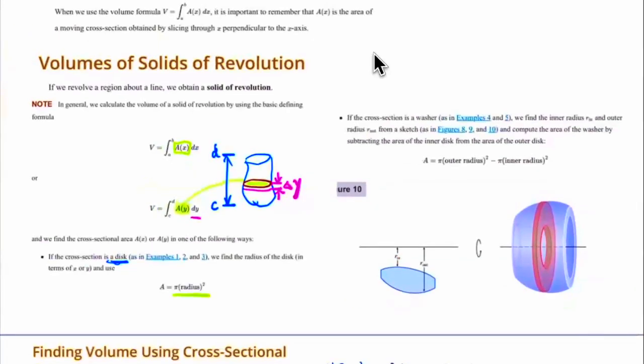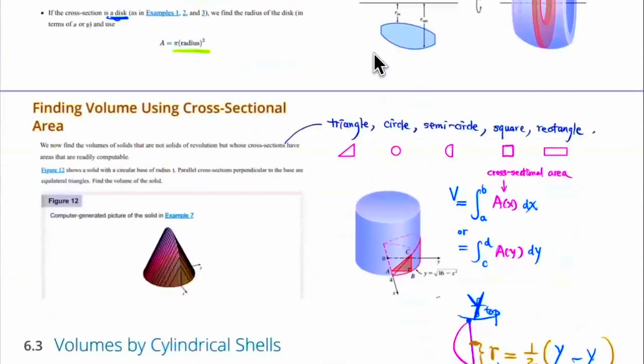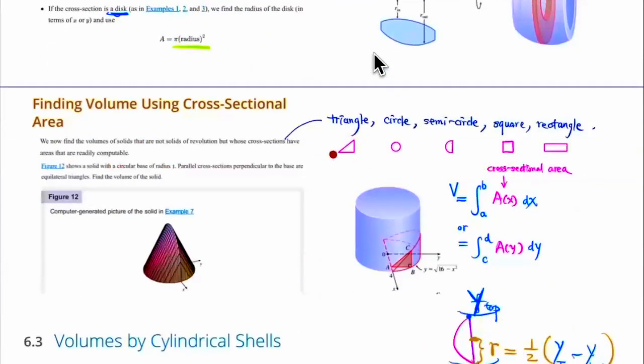So this is using cross sections. Sometimes the cross section is not a disc or washer, and this still applies. For example, the cross section could be a triangle, like in this case. If you slice it perpendicular to the x-axis, then each cross section is going to be a triangle.